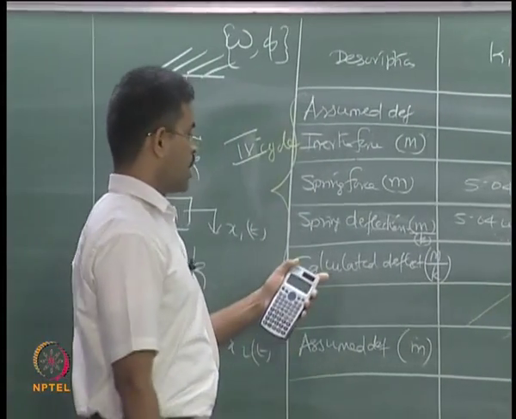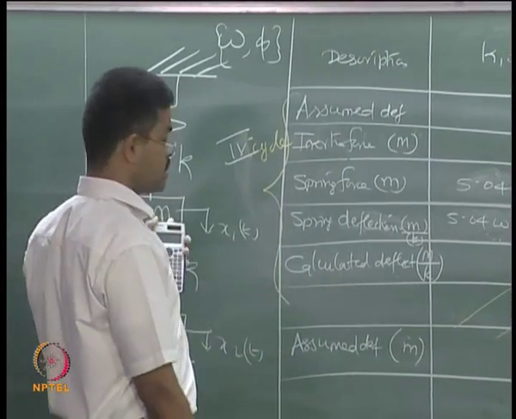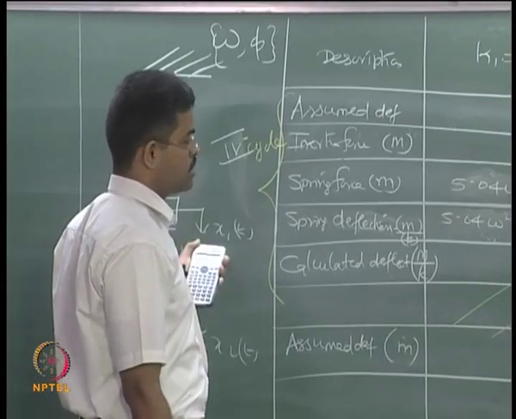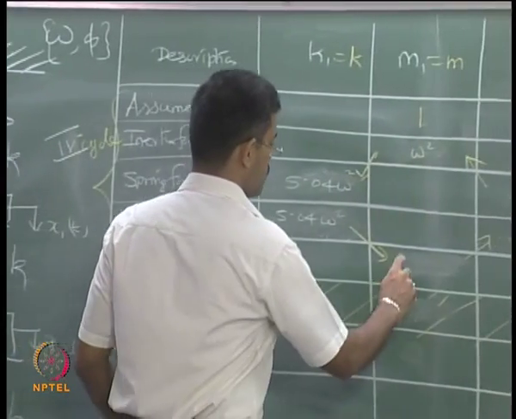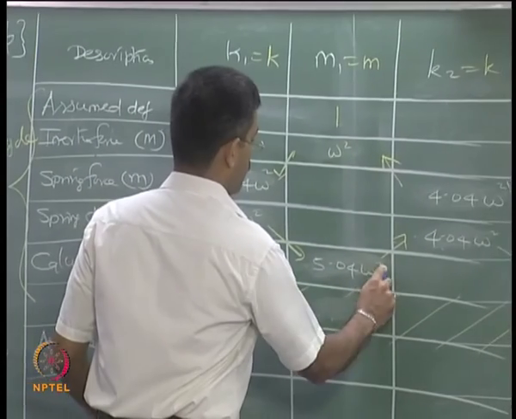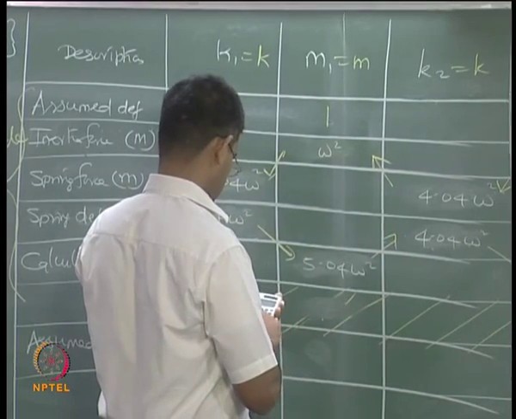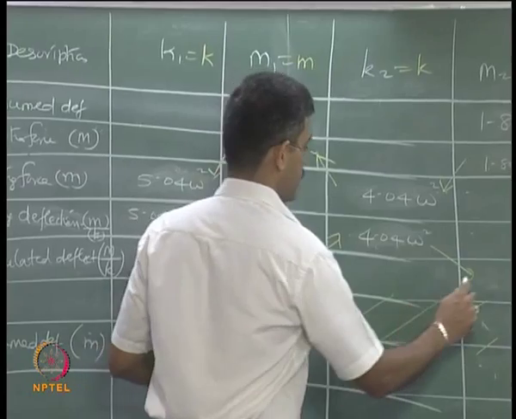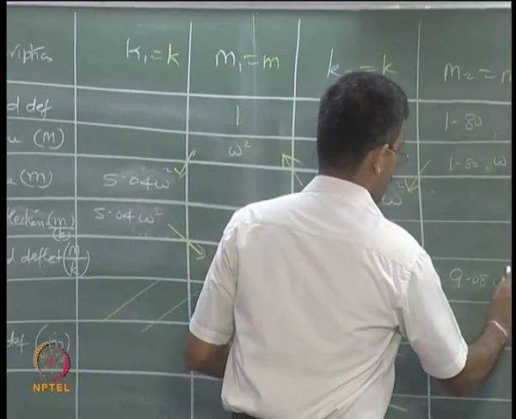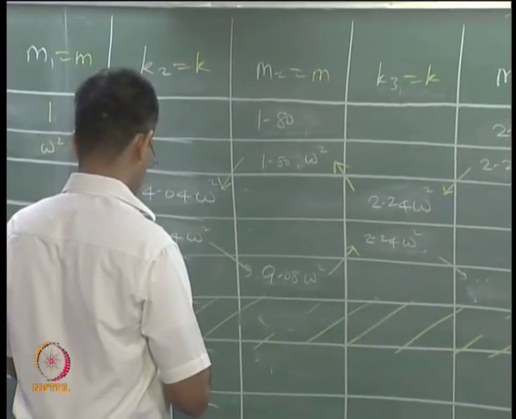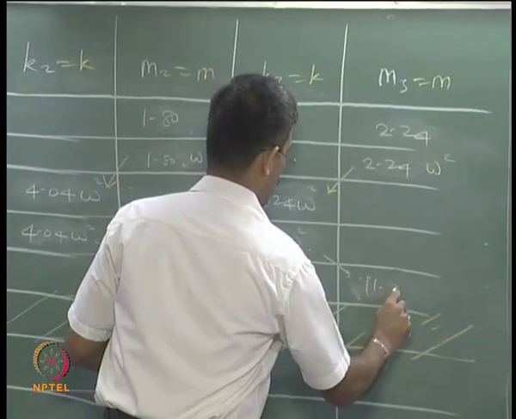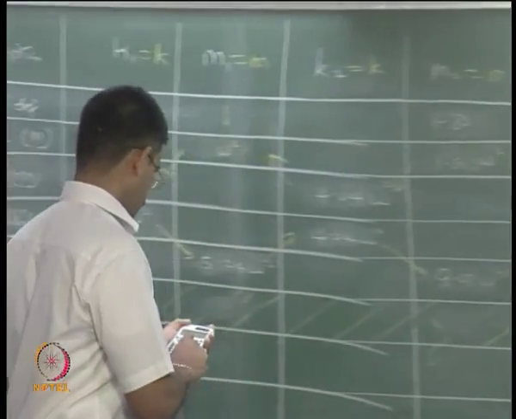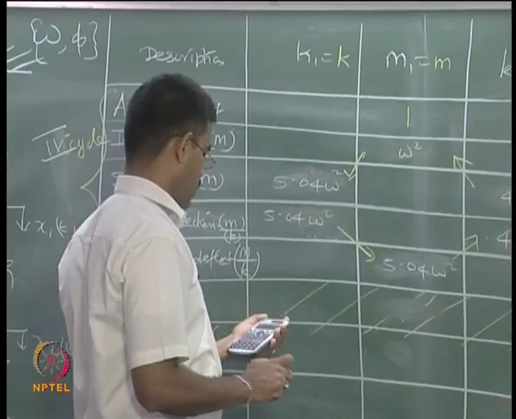If you want to assume the calculated deflection, I must start from the first degree of freedom, the first displacement degree. So, this becomes 5.04 omega square, 9.08, 11.32. I take a proportional value and find this.